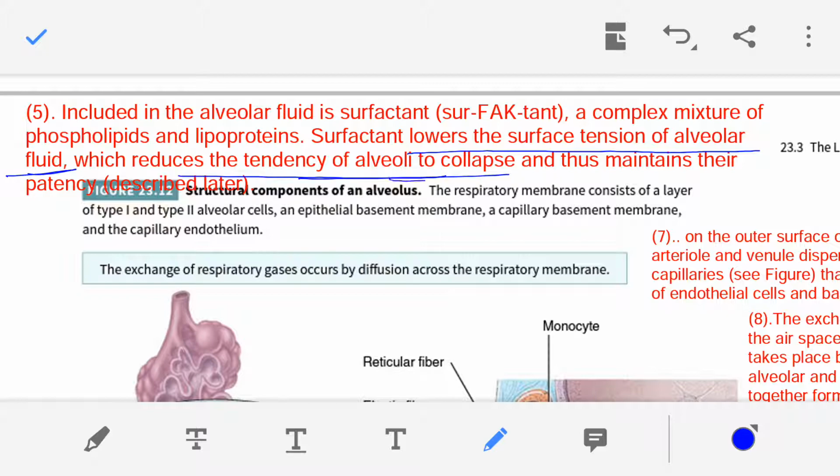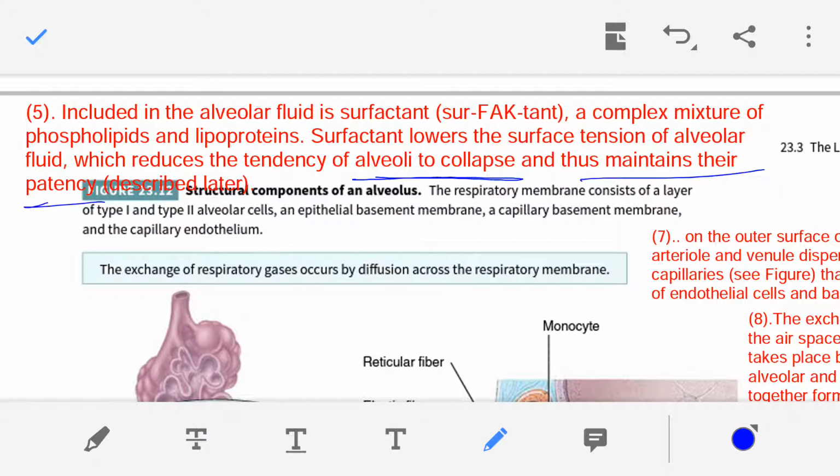This lowering of surface tension reduces the tendency of alveoli to collapse. So due to the surfactant, as the surface tension is lowered, what happens? The alveoli do not collapse, meaning the alveoli are not constricted, and thus maintain their patency.